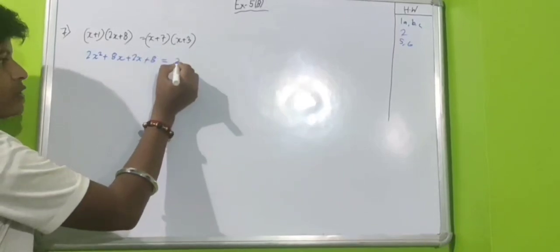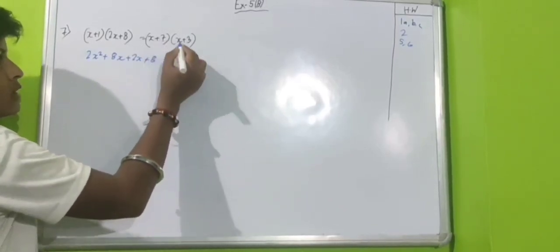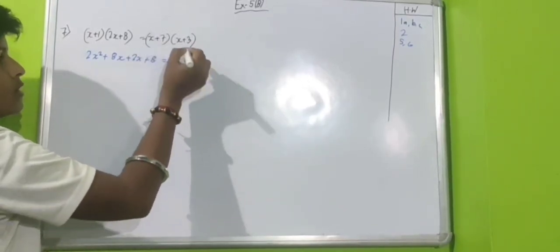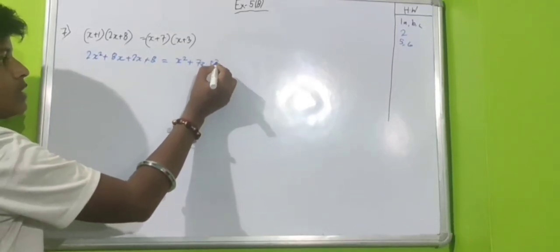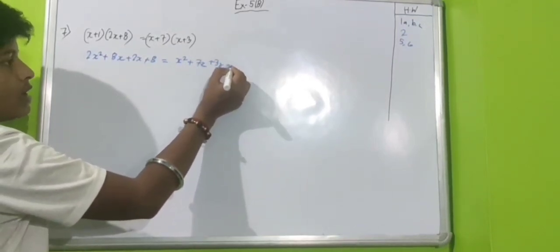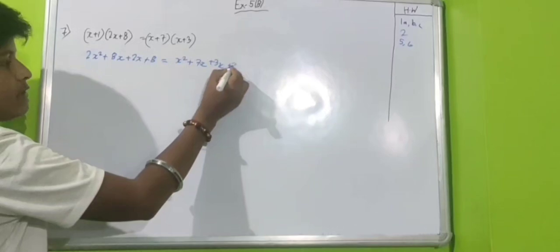Here it will be x square, 7x plus 3x and plus 21.